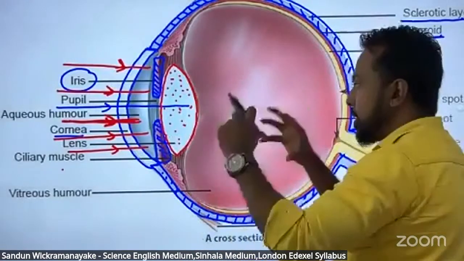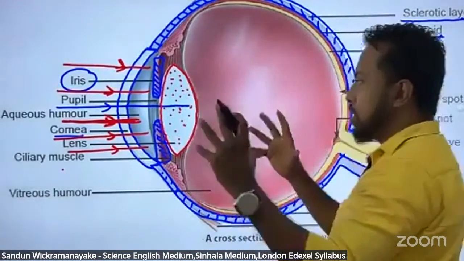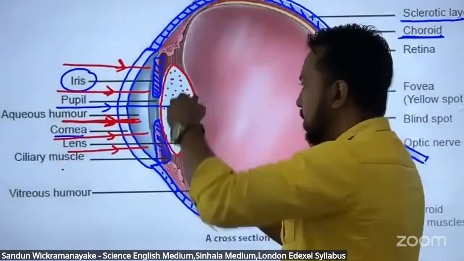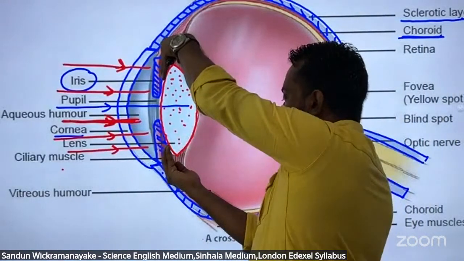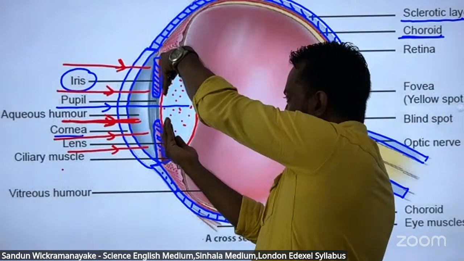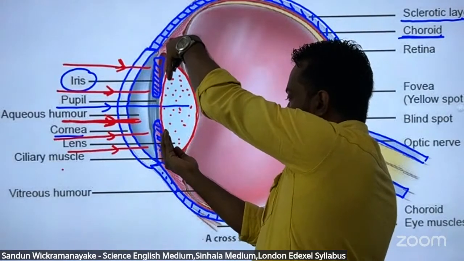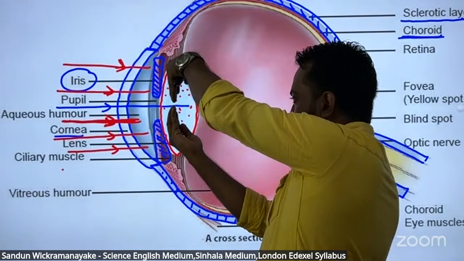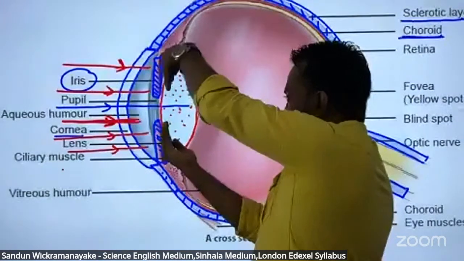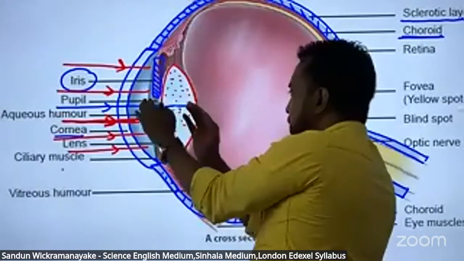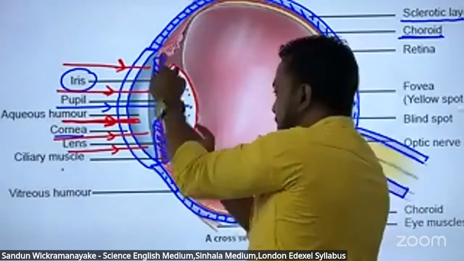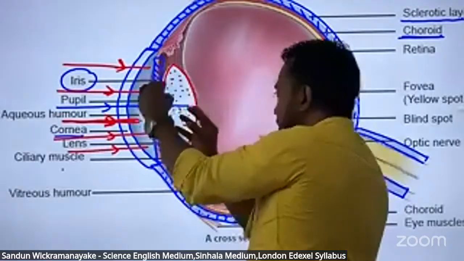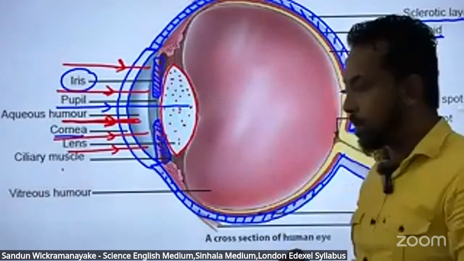If you are facing a higher amount of light rays, the iris controls the pupil and closes it like this. It will not let the light rays inside the human eye, right?